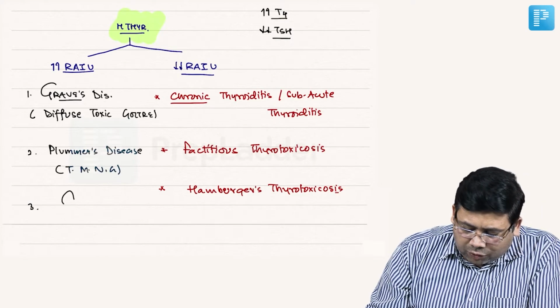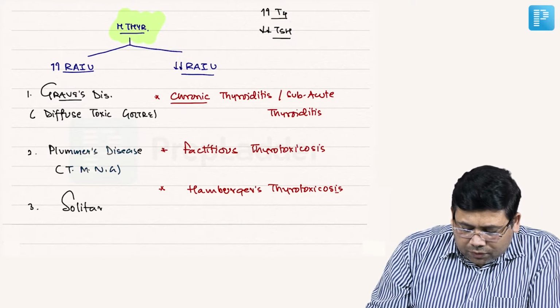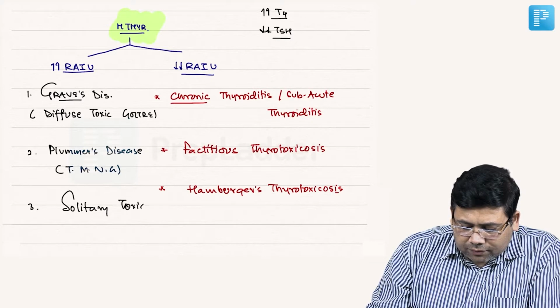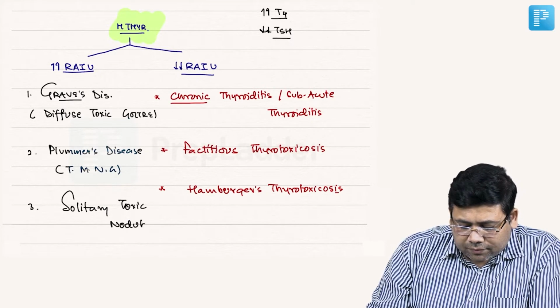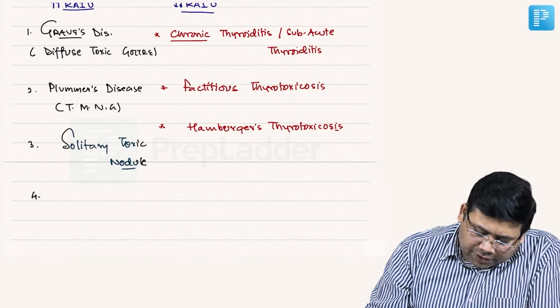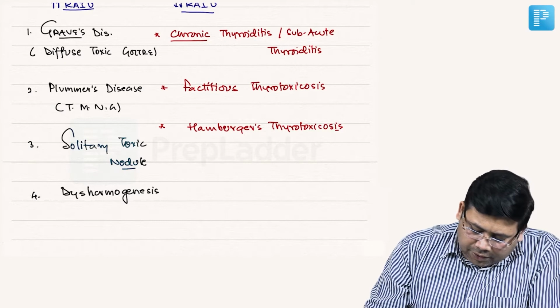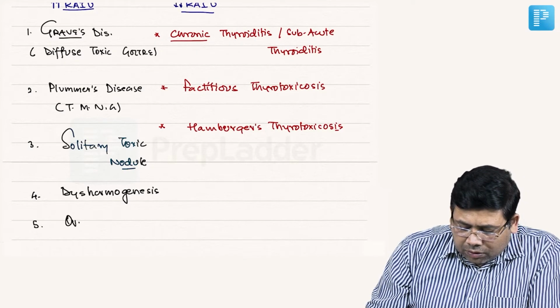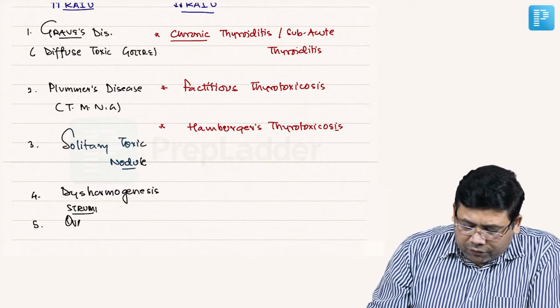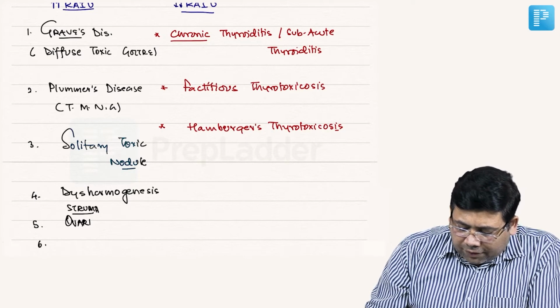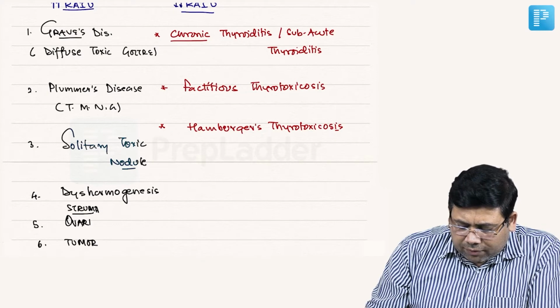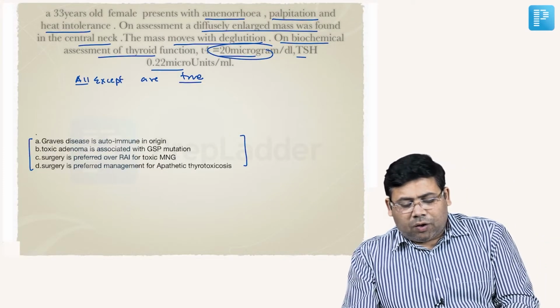Then we have solitary toxic nodule. Then we have dyshormogenesis. Then we may have it during a condition which is known as dermoid, teratomas, so struma ovarii. Or you may have it because of some tumors, which is even though rare, but it is. Let us see the options.